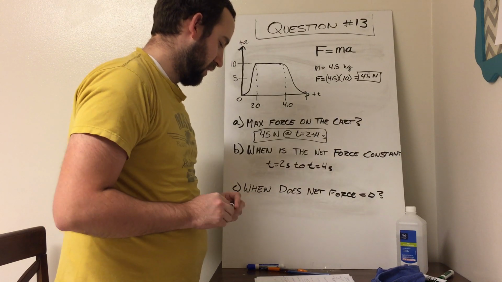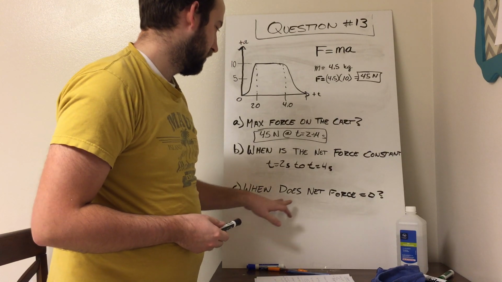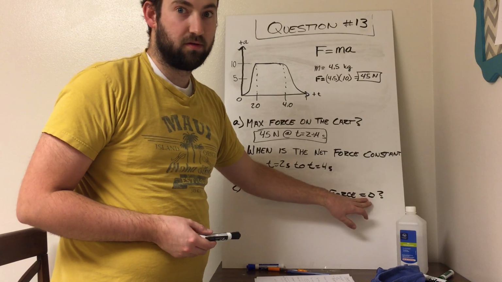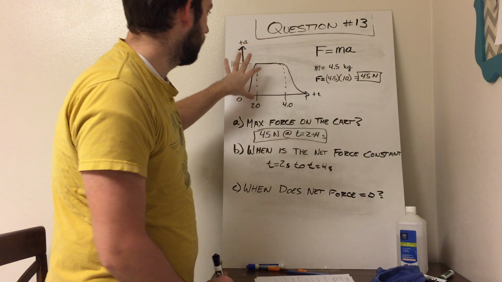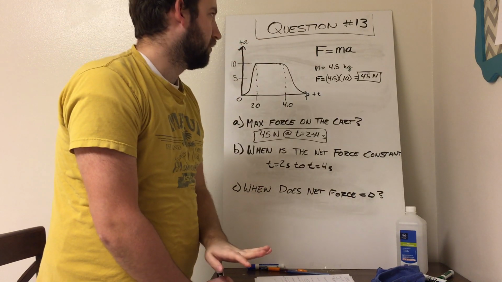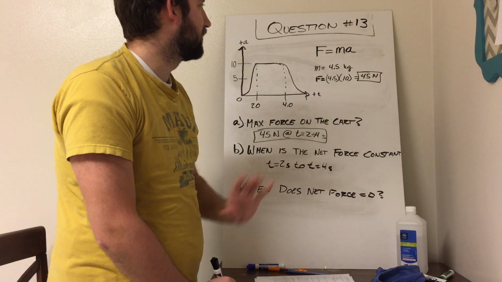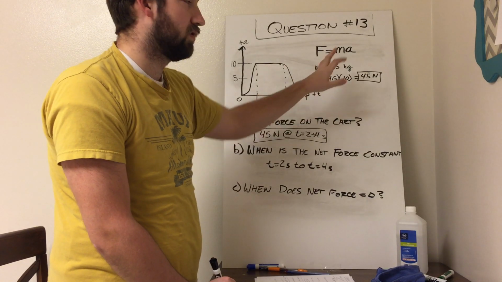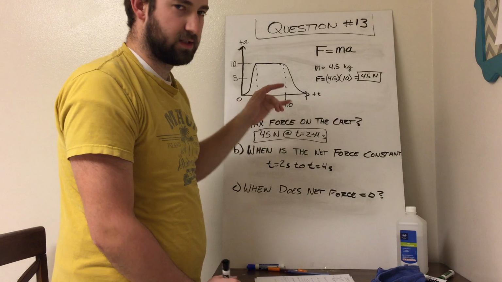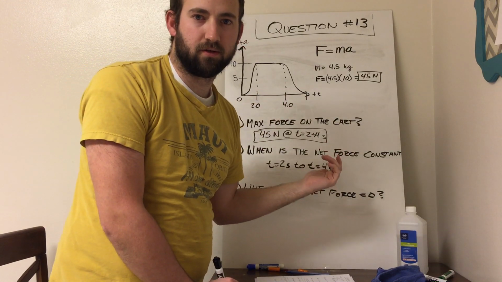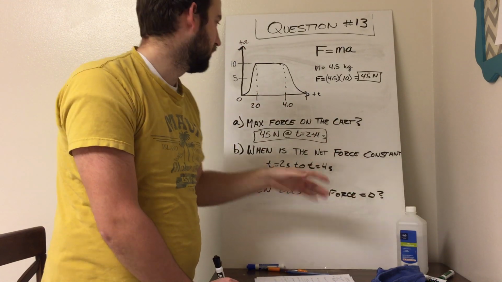Now part C wants to know when the net force equals 0. Once again, we go back to our equation and our graph. We know the mass isn't changing, so it's all due to the acceleration. So does the acceleration ever equal 0? Because that would make the net force 0.